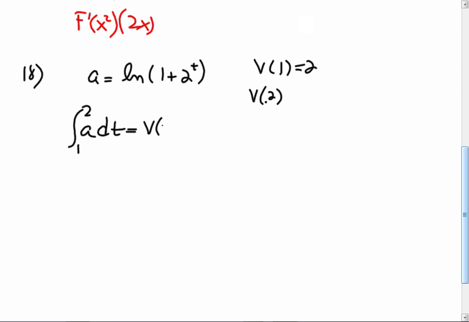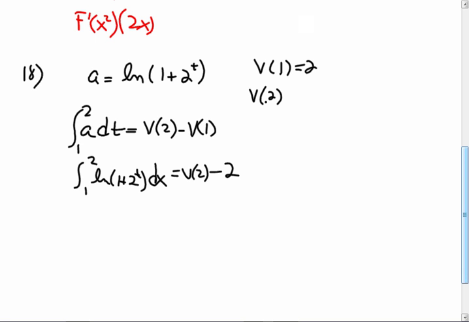So it's going to be v of 2 minus v of 1. Can't I integrate this on my calculator? You can't find the antiderivative, but can't you find the definite integral? Sure. Equals v of 2 minus 2. So you're going to take your answer and add 2 to it.